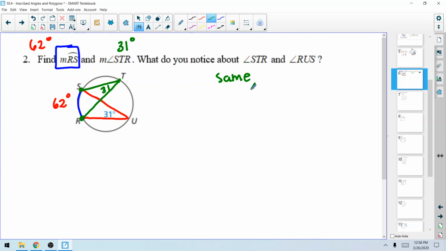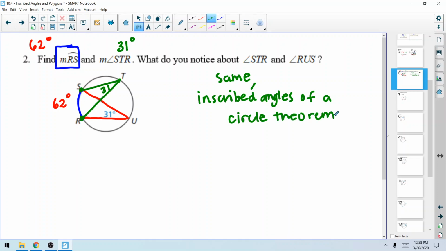Inscribed angles of a circle theorem. If they have the same arc, they're going to have the same measure.